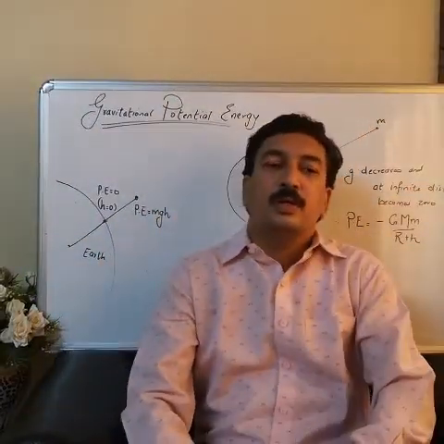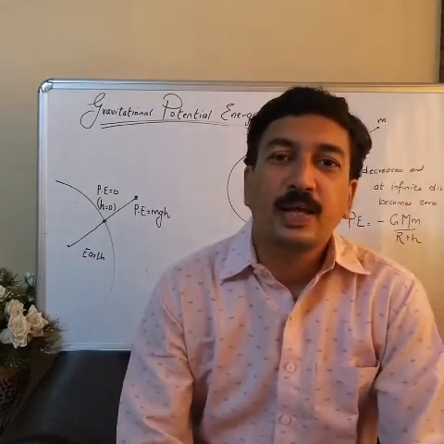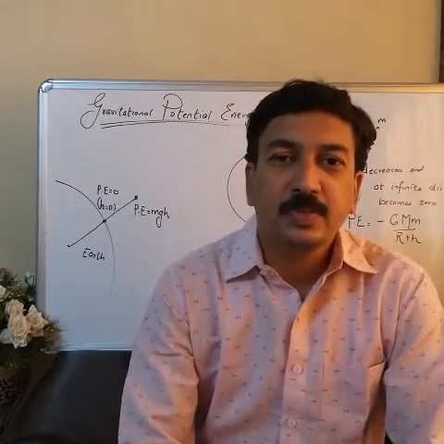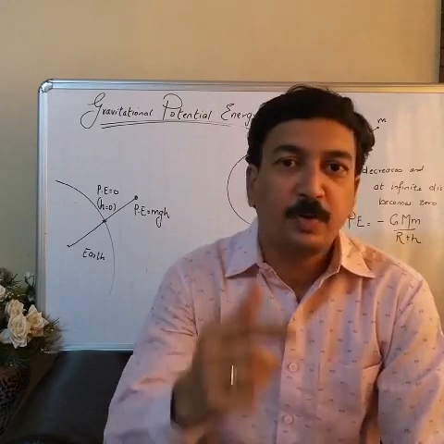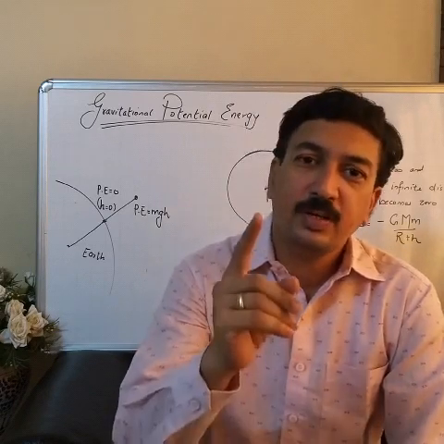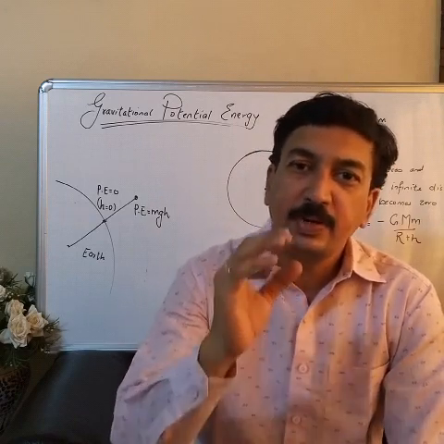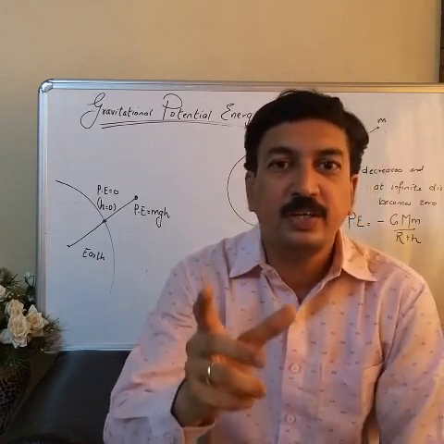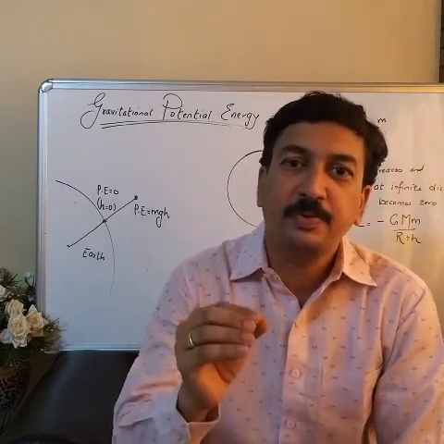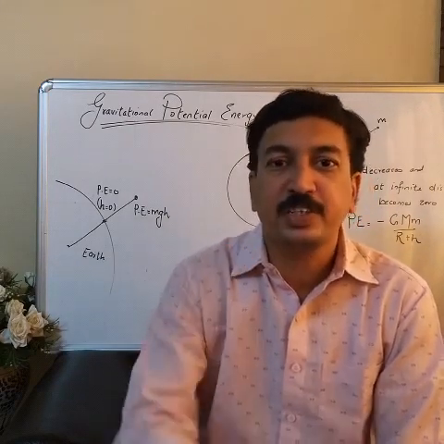Friends, our next topic is gravitational potential energy. Let me recall the potential energy which you have learned about, the definition you learned in 9th standard. Potential energy can be defined as the energy possessed by body on account of its shape, position or configuration.